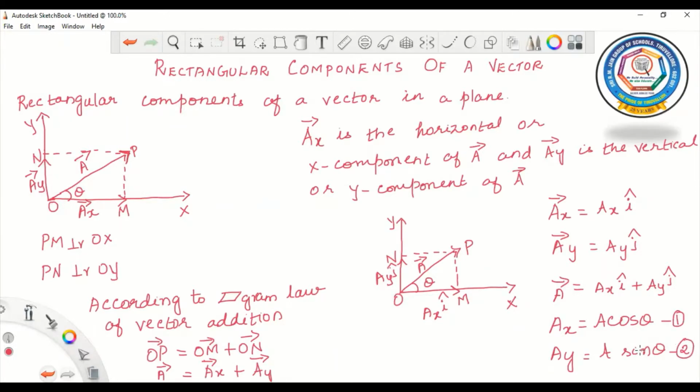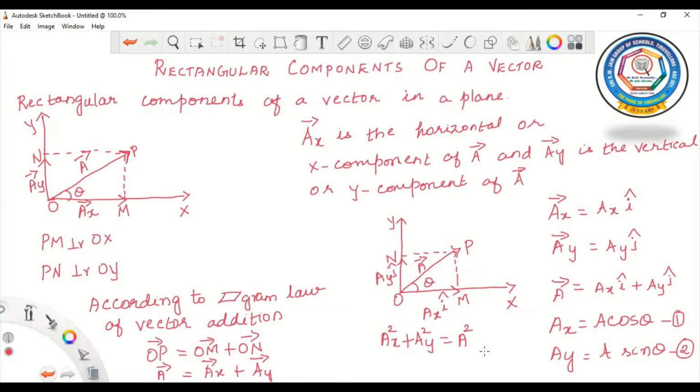Now when you square these two equations and add, what will you get? That is AX square plus AY square, we are squaring and adding these two, is equal to A square times cos square theta plus sin square theta.